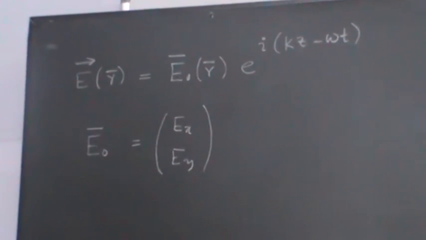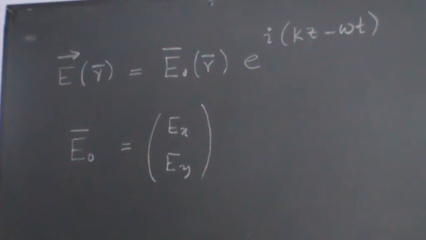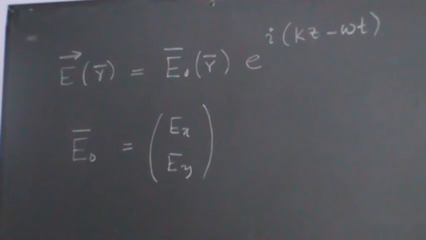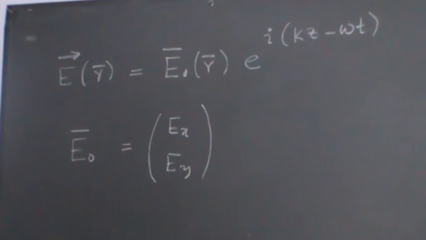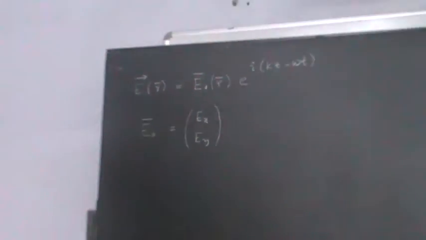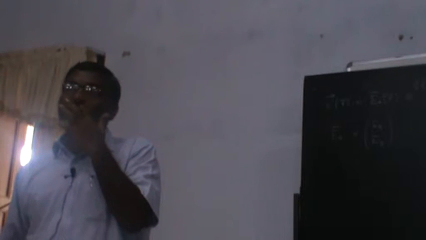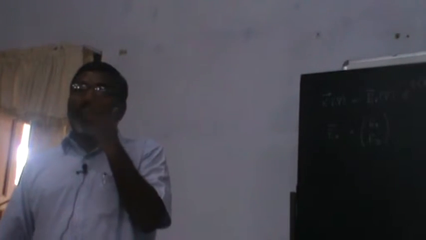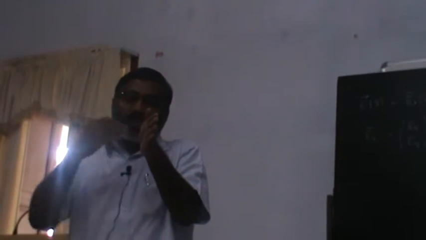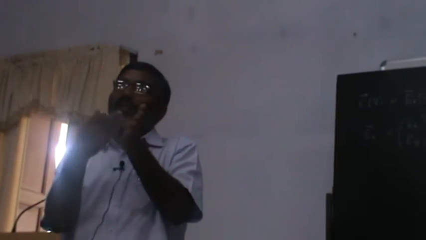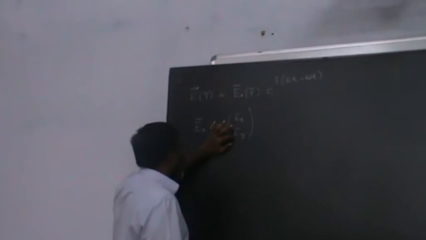Now Ex and Ey are fields. What do you mean by a field? It will have some value at every point in space and perhaps in time. So let us look at a particular time and get rid of this dependence on time. At a particular point in space, Ex can be a complex number, Ey can be a complex number.